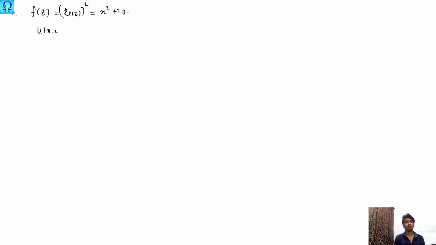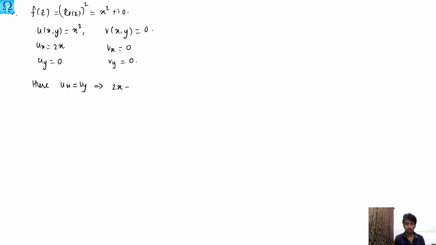So the function u of xy is x squared and v of xy is 0. So your ux is 2x, uy is 0, vx is 0, and vy is again 0. So here ux and vy have to be the same. If they have to be the same, then 2x must be equal to 0. So this happens only at the point 0.